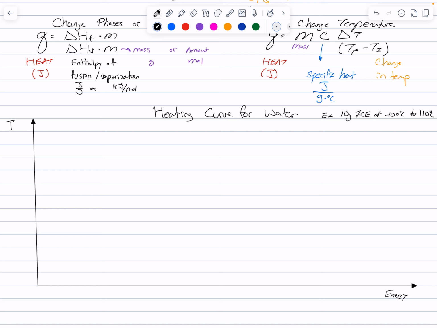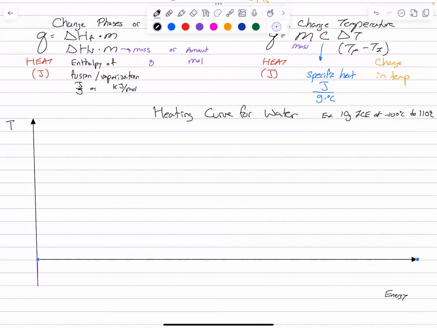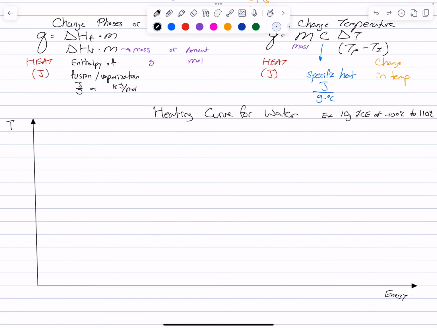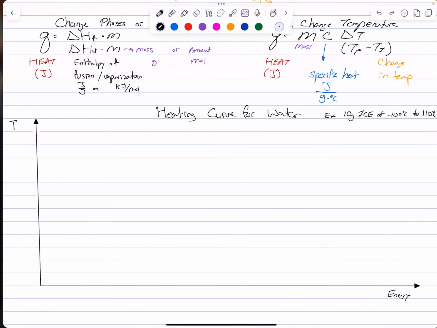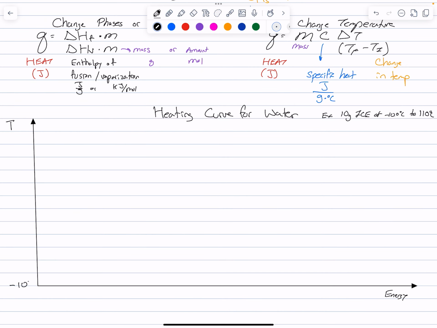So what we'll do is this will be negative 10 degrees Celsius, we get 0 degrees Celsius, we'll have 100 degrees Celsius, and 110 degrees Celsius. So it's not to scale.